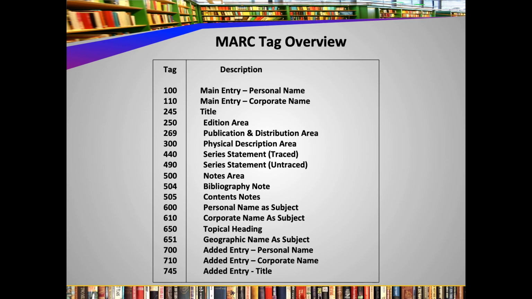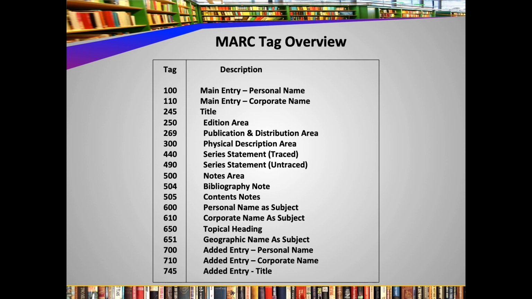However, in this slide, it displays tags starting from 100 to 745. Each tag number designates the kind of content that will be entered into the field. A convention is followed in which all fields beginning with the same first digit are identified as tag groups.